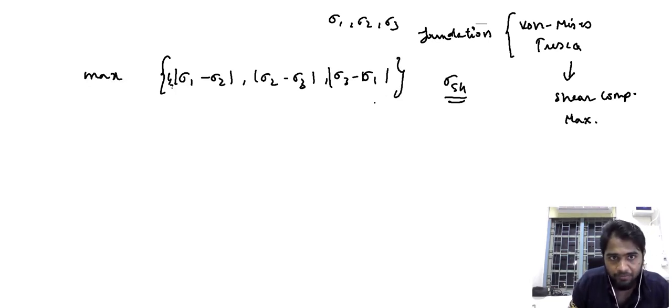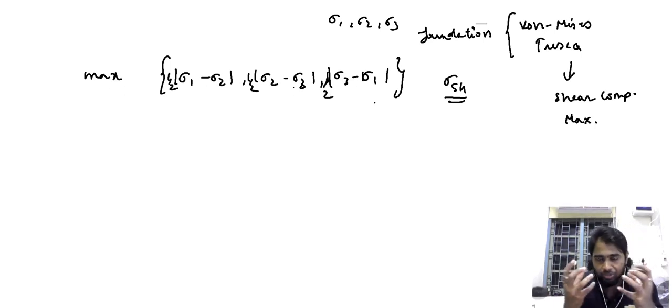There is a prefix of 1 by 2 associated with each of these differences. Whichever combination of the stresses gives you the maximum, it relates to the yield point of your material, thereby establishing a criterion.